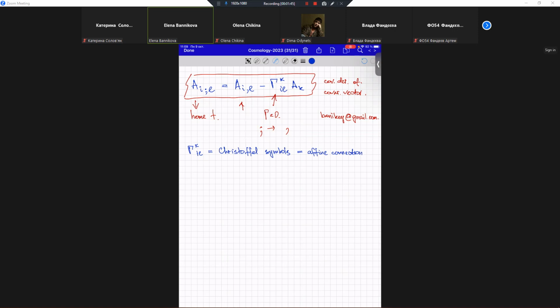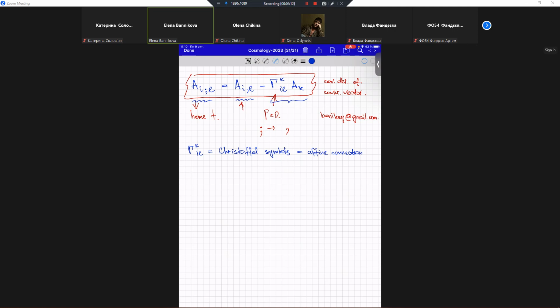And again, we understand that the difference between the covariant derivative and the normal derivative is due to the fact that we have an additional summand, which consists of some property of the coordinate system.